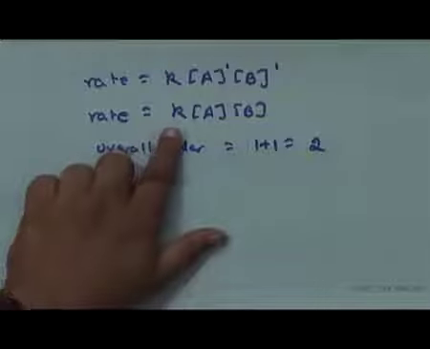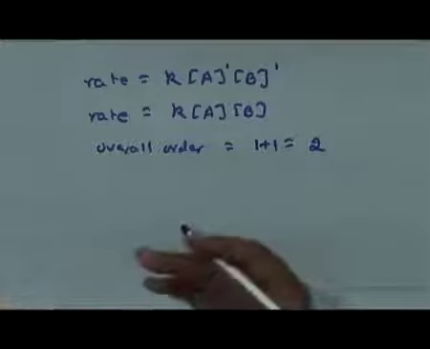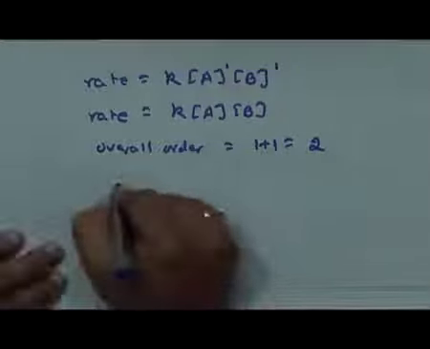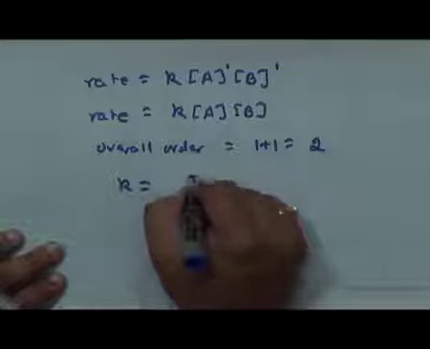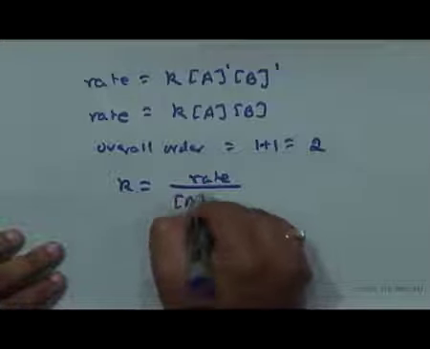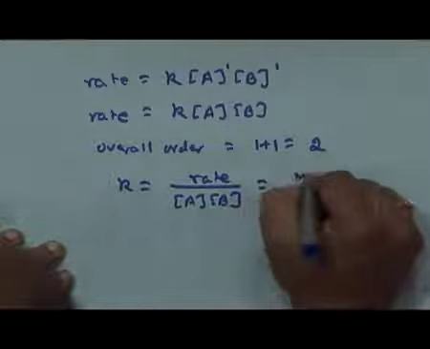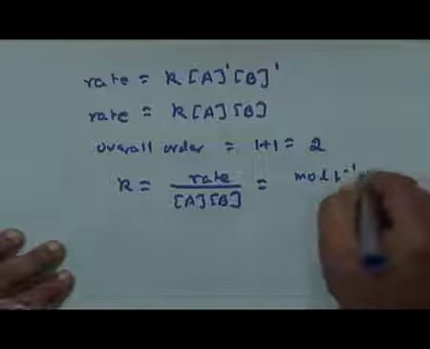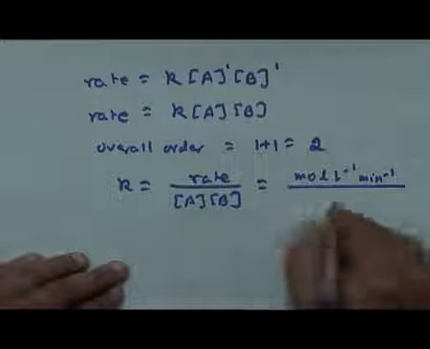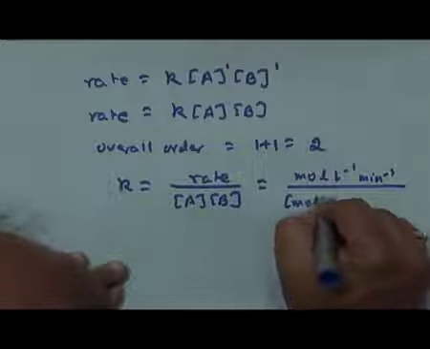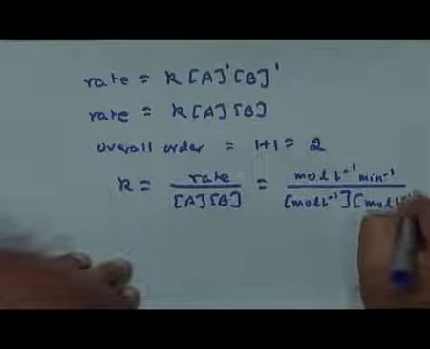And because this is a second order reaction, I can write that the unit of K is equal to rate over concentration of A times concentration of B. I know that the rate is moles liter inverse, and because the time was minutes, minute inverse, and the concentrations of A and B are expressed in molar concentration, moles per liter.